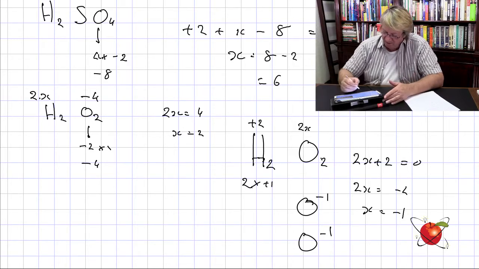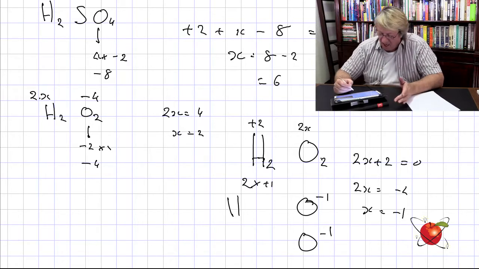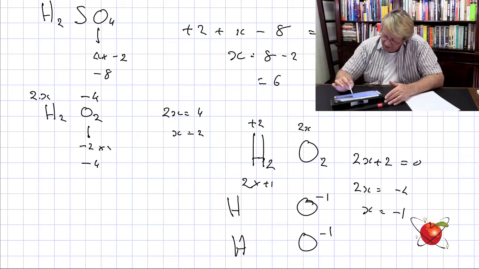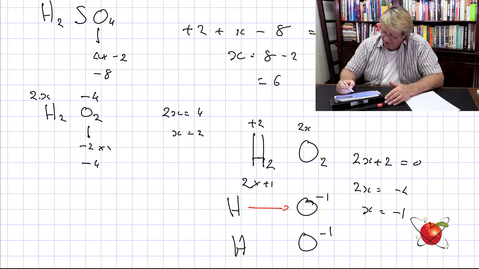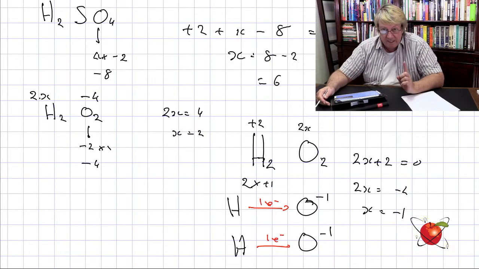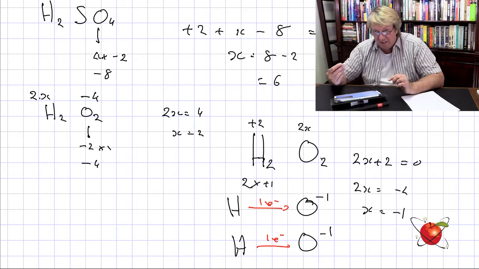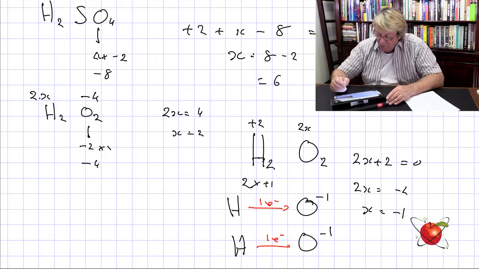What has happened? Essentially, hydrogen only has one electron to give. So what does it do? It hands one electron over to the oxygen. The oxygen, under normal oxidation number conditions, would have been the most electronegative, so the oxygen would have been a -2, wouldn't it?